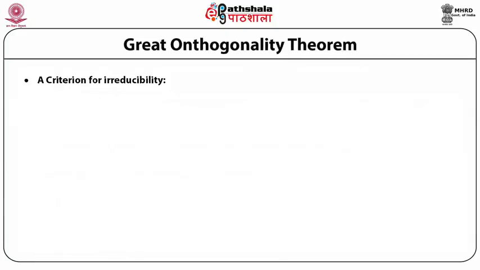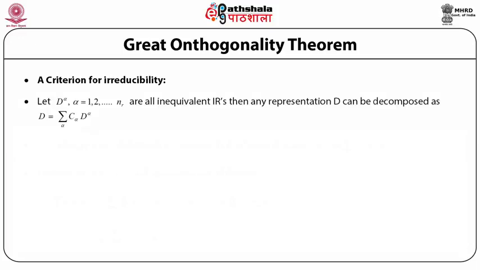Now I discuss a criterion for irreducibility which is of great use in applications and in deciding whether a given representation is reducible or irreducible. Let D alpha, where alpha is equal to 1, 2, up to nr, be all the inequivalent irreducible representations.